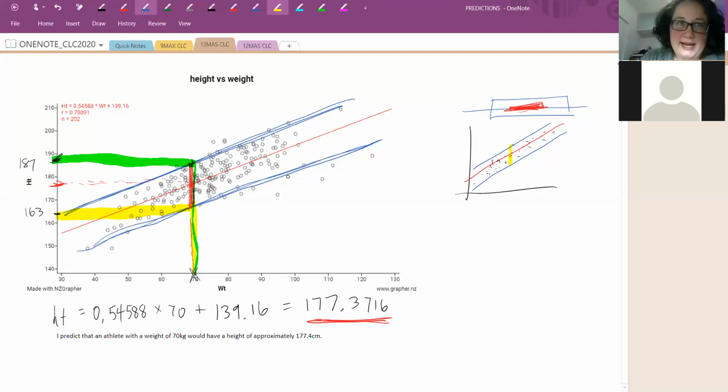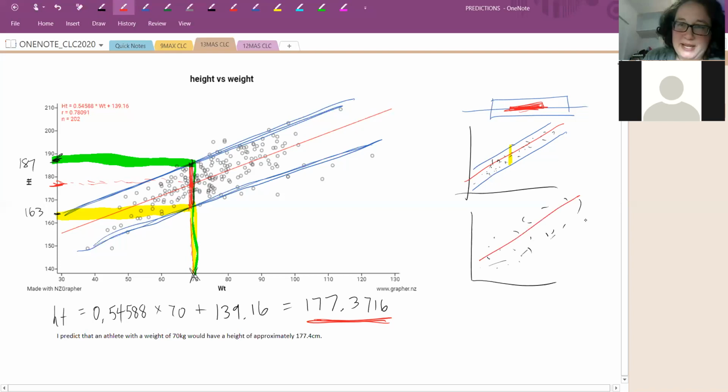But then I could have another scatter graph that has a less strong relationship. And then if I have my regression line and my band of scatter, what's happening here is I have a far bigger range of predicted values.